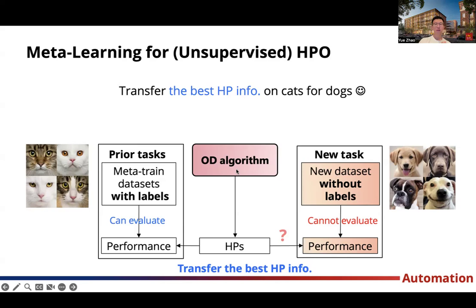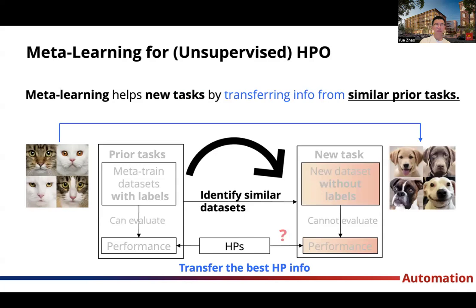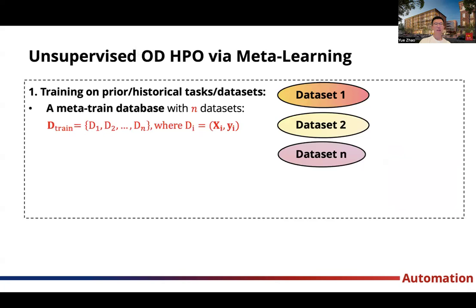You can transfer the best set of hyperparameters based on the similarity between the historical data sets and your new data set. Because, say if dogs and cats are similar in a sense, then you can transfer the best information without doing too much learning. This is the core idea of meta learning, and we are going to talk more about how to use it for unsupervised hyperparameter optimization in OD.